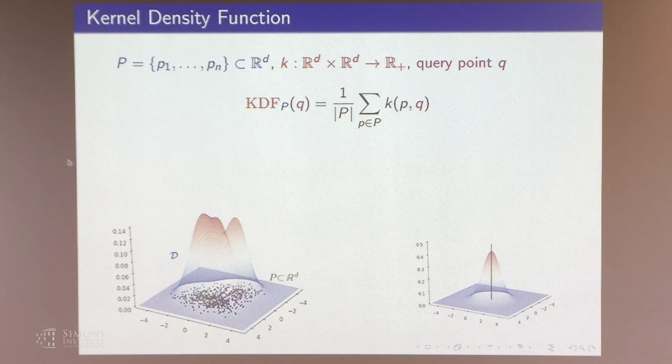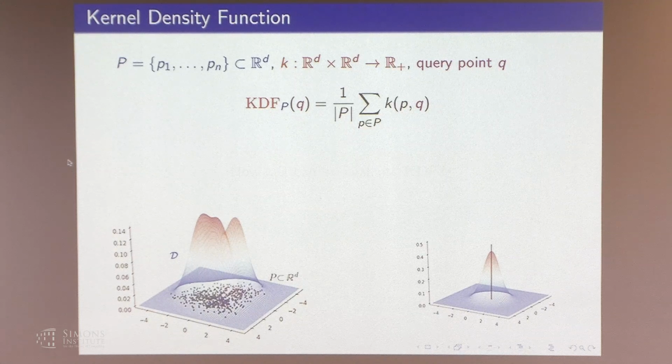What we'd like to do is go over the data set, compute this pairwise function k(p, q) for the query q and all the points in the data set, sum them up and average over the data set. Given this data set, it's easy to compute this in linear time, just make a pass over the data.